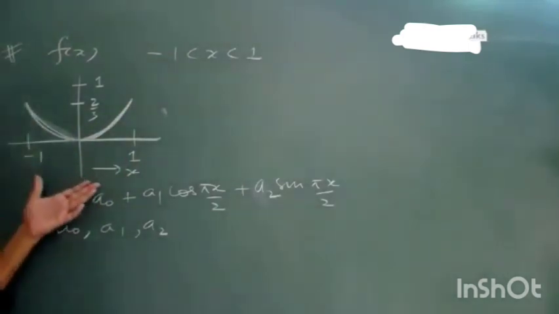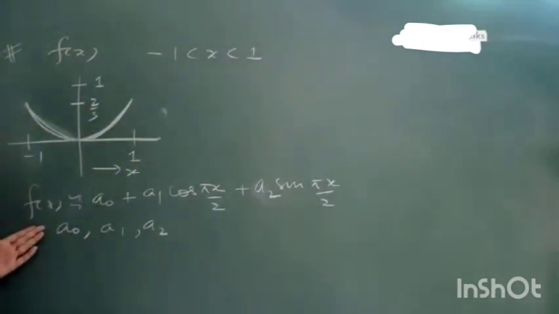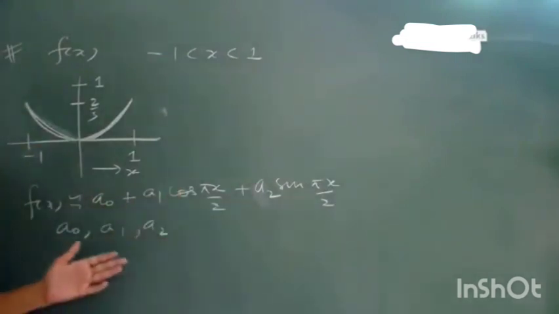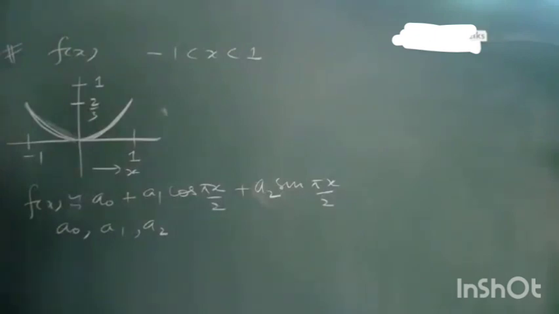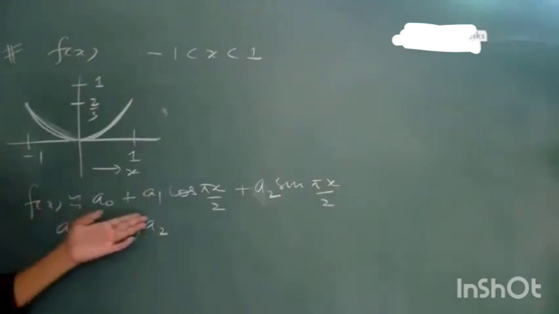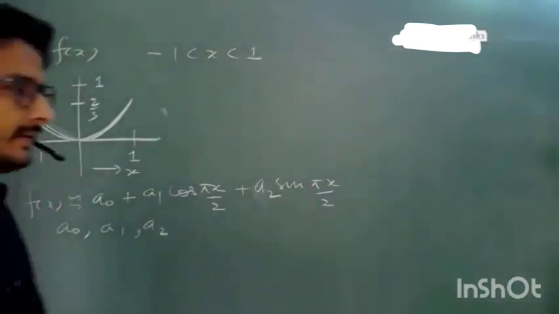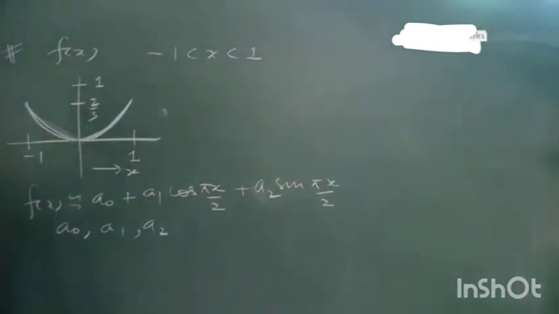This was fx and somebody approximated this function as this. No name was mentioned, but which topic is this question from? Fourier series. This is Fourier because the function is approximated in the form of sine and cosine. Correct?